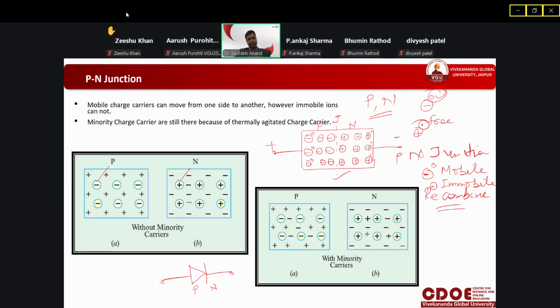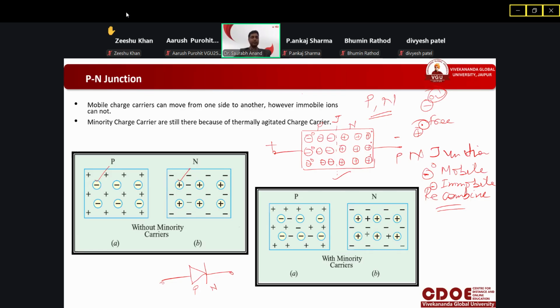So this is the PN junction. How it will work, we will understand in the next session, because we will use this diode in circuits as a switch. This is the symbol of the PN junction, triangle and bar. This is the symbol which we will use in the circuit diagram.